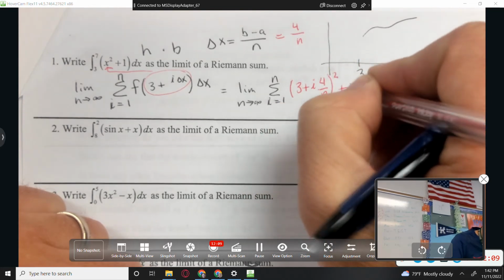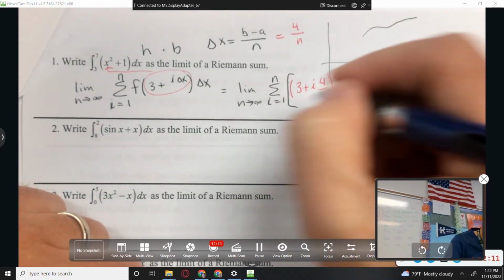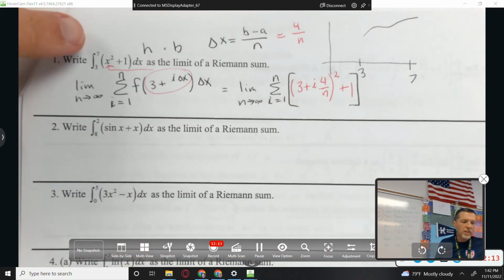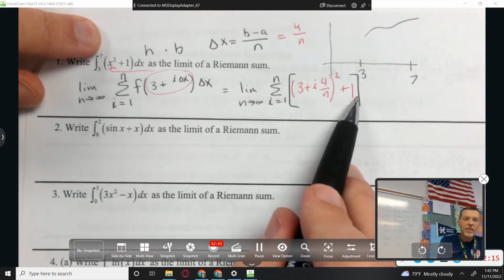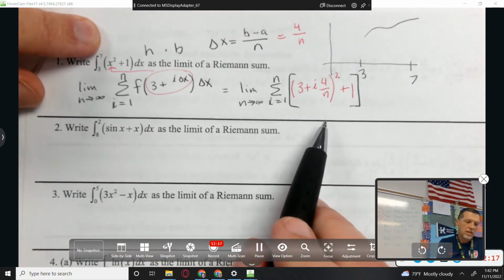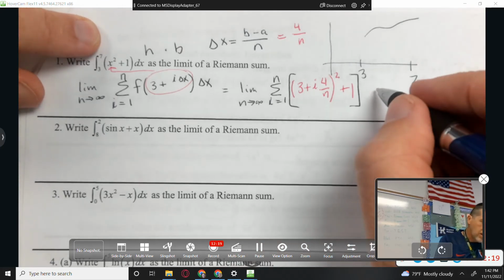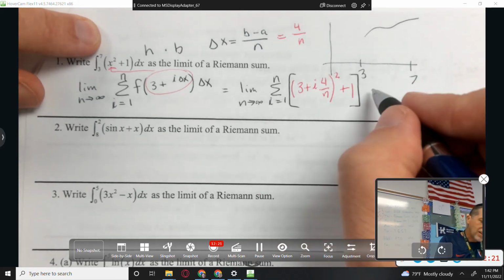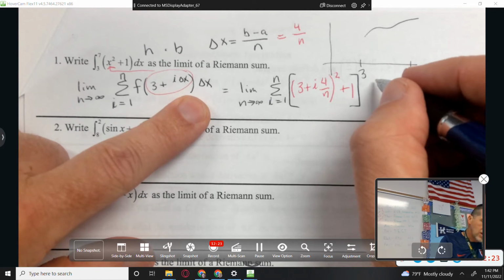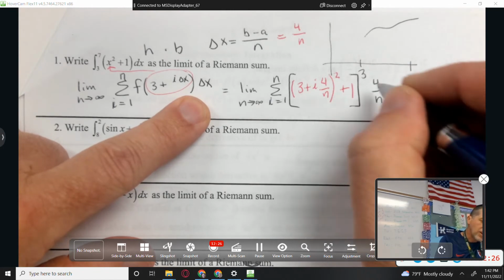Squared plus 1. So I'm squaring the x and then adding 1, and that's the height. The base is b minus a over n, 4 over n.